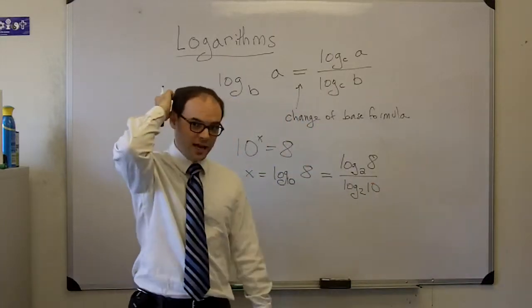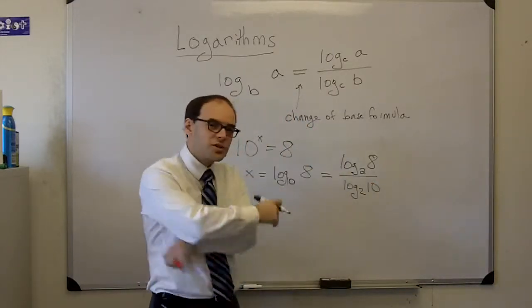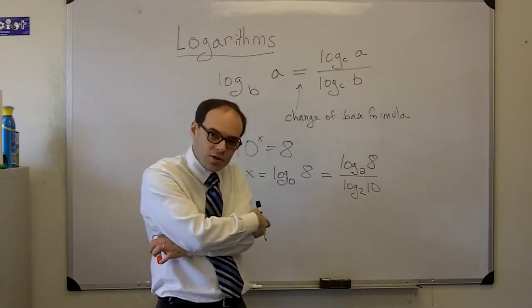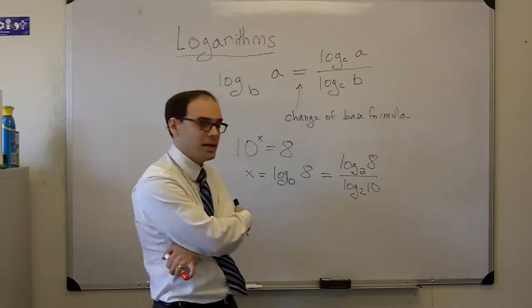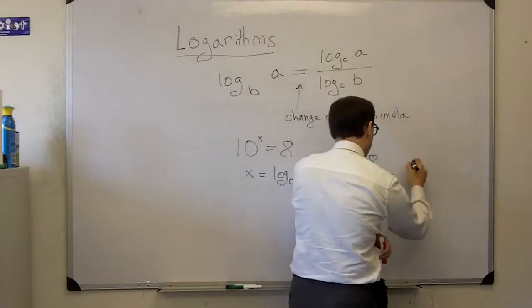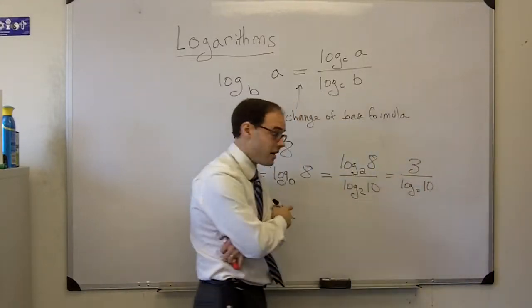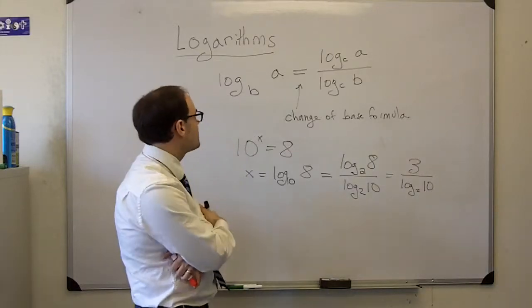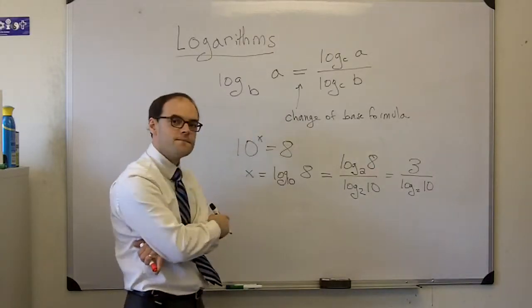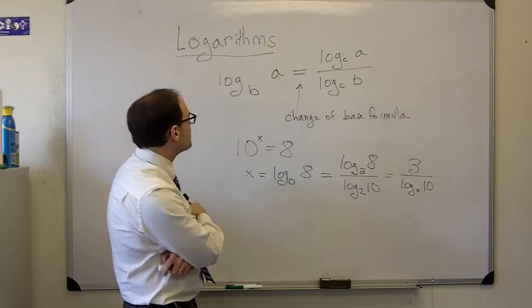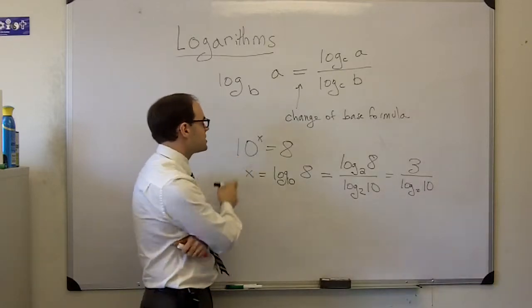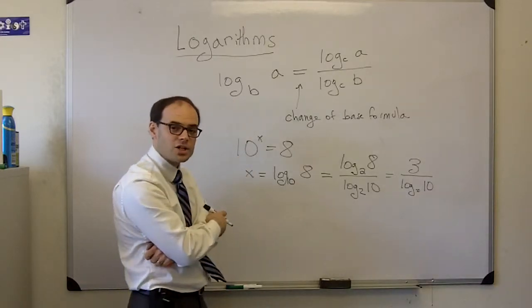Log base 2 of 8 is the answer to the question, 2 to the what is equal to 8? And that was the 3. And this is just the answer we had a few minutes ago. So this change of base formula is very handy. It lets you manipulate the solutions to these kinds of equations in a very convenient fashion.